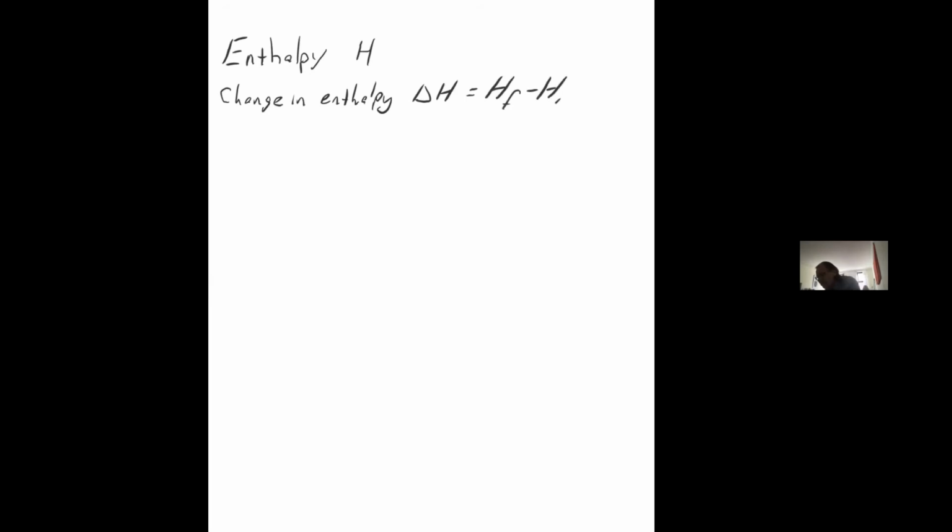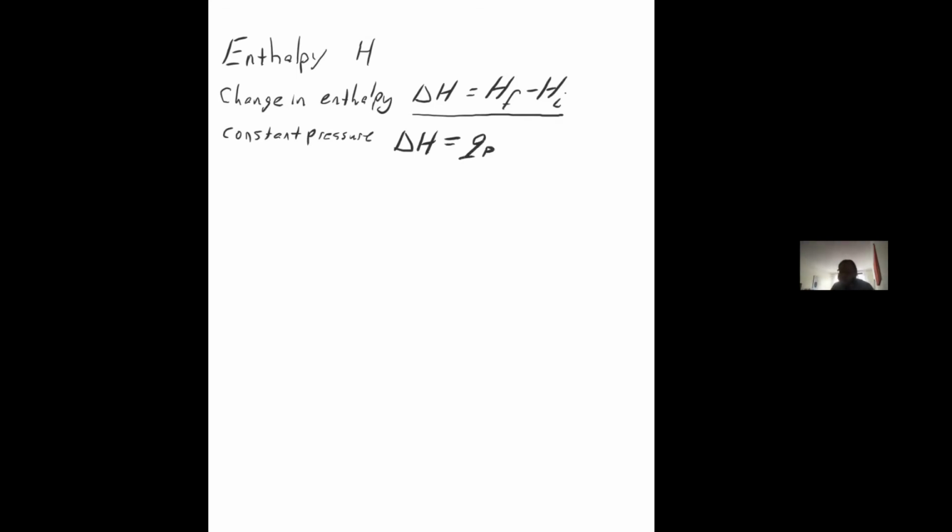You don't see that very often, but just like delta U is U final minus U initial, this is true with enthalpy as well. You generally don't have to use this equation, but we do have this: if we're at constant pressure, delta H is equal to Q. I'll put a little P there just to remind us we're at constant pressure.